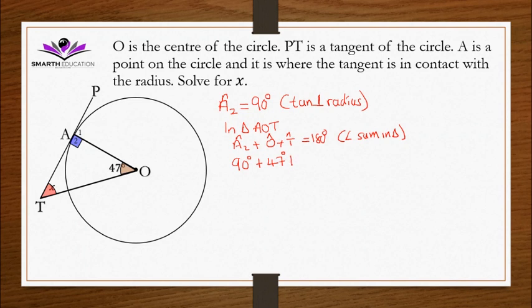Mean angle T, that's the X we are looking for. You see that? And then we can transpose our 90 degrees and 47 degrees. What do we get? We get that X is equal to 43 degrees. Done. We've managed to solve for X there.